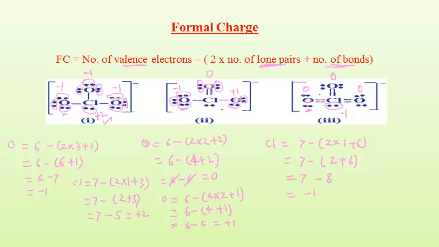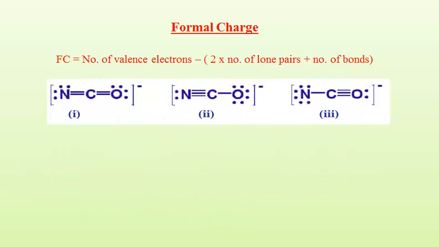Well, let me take another example. There are 3 resonances of cyanate ions given here, and we calculate the formal charge over this nitrogen atom using the same formal charge formula. Let me write down here nitrogen atom, and the formula is number of valence electrons. Nitrogen has 5 valence electrons, and so minus 2 multiplied by the number of lone pairs.